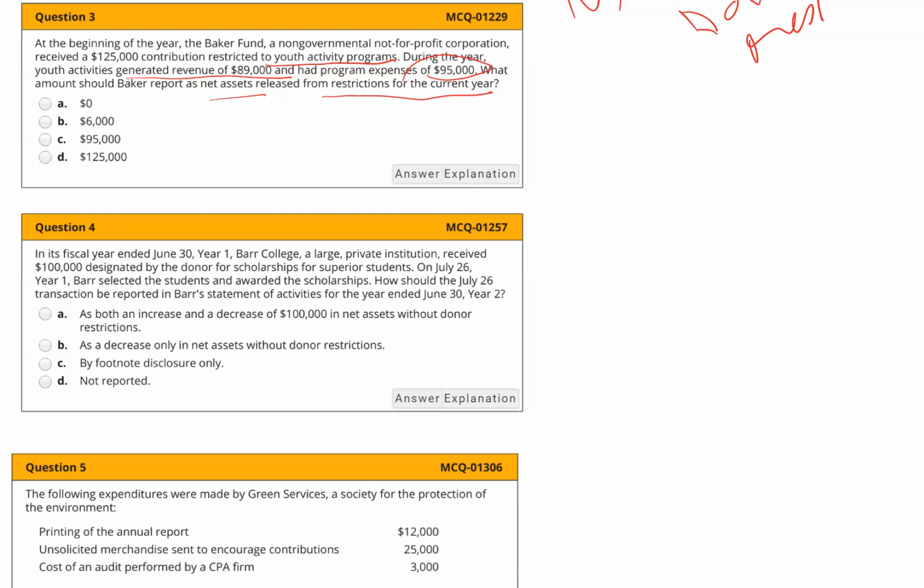Remember, they initially received a donation of $125,000, and at that time it was received as a contribution revenue with donor restrictions. Now, they use a portion of it. They used $95,000 from that contribution revenue.